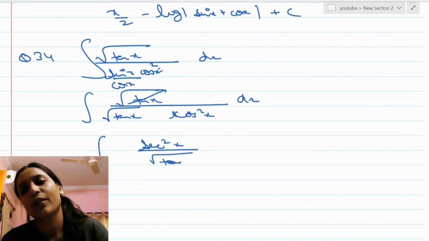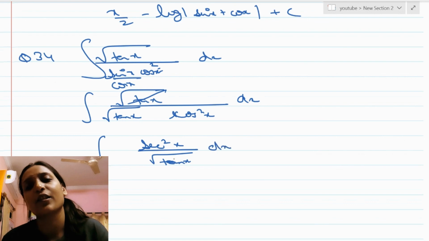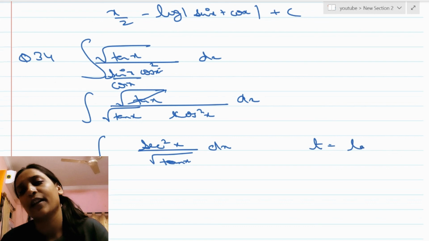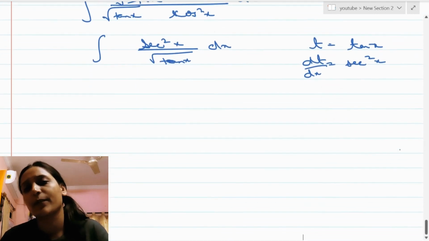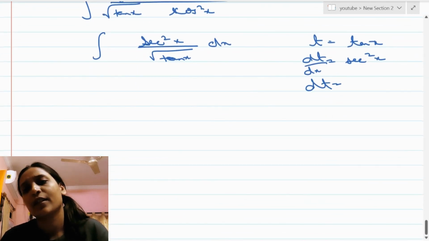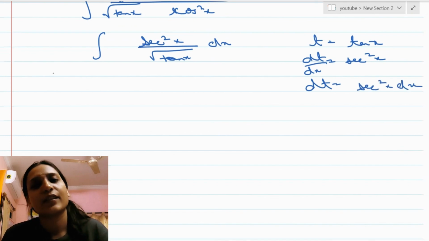So now you can figure out what the pattern is. Differentiation of tan x gives you secant square x. So your t value should be tan x, and then dt by dx would be equal to secant square x. So dt is going to be equal to secant square x dx. So let's integrate this now.